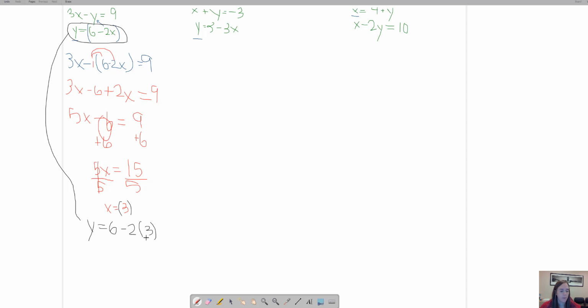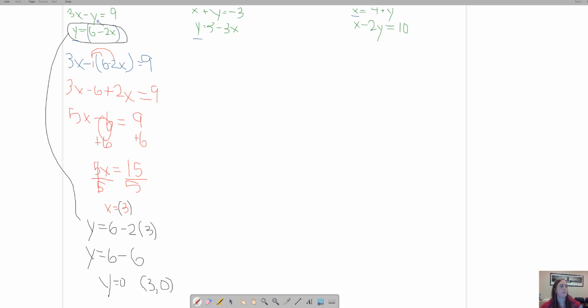Okay, so then you just have to simplify this. So we have y equals, and then 6 minus 2 times 3 is -6. So 6 minus 6 is 0. Okay, so my ordered pair then, my x comes first, so it'd be 3 and 0.